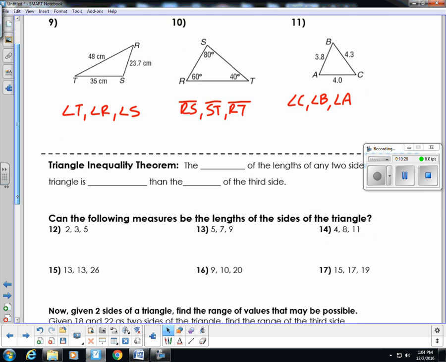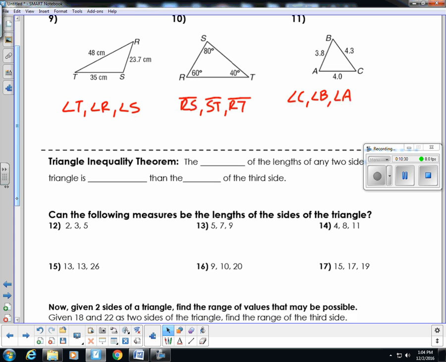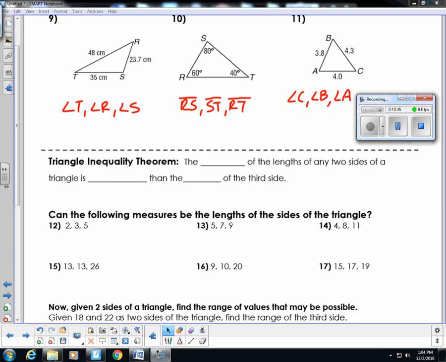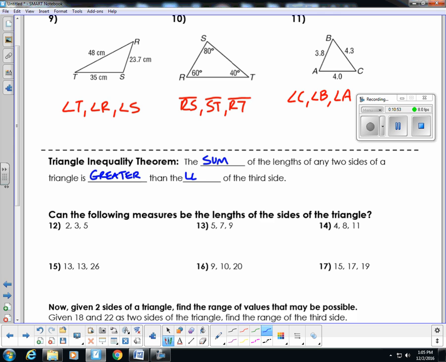Now, our last theorem of the day, the triangle inequality theorem. The triangle inequality theorem says the sum of the lengths of any two sides of a triangle is greater than, not greater than or equal to, is greater than the length of the third side.